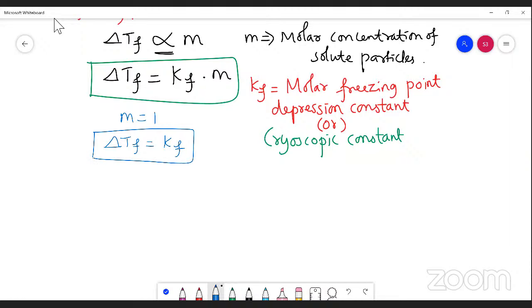For 1 molar concentration, the depression in freezing point will be equal to the cryoscopic constant. That point also you should remember.